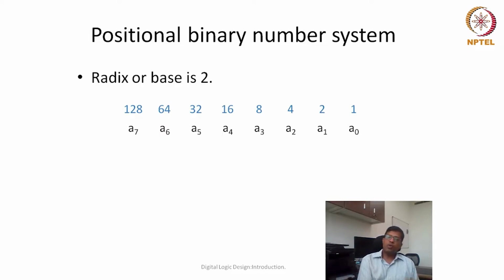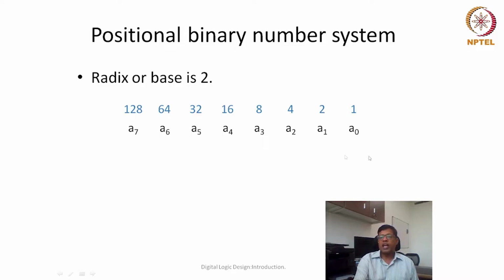As we move along the positions, my 0th place or units place will have a multiplication factor of 1, and then the first bit would be multiplied with 2, and the second bit would be multiplied with 4, the third bit with 8, so that means 2 to the power 3, 2 to the power 4, 2 to the power 5, 2 to the power 6, and 2 to the power 7.